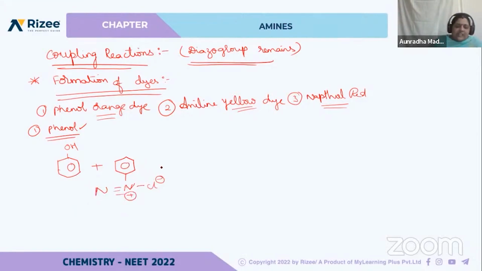This is our diazo compound. To show the coupling reaction clearly, I just tilted the diazo product. So this one is phenol.